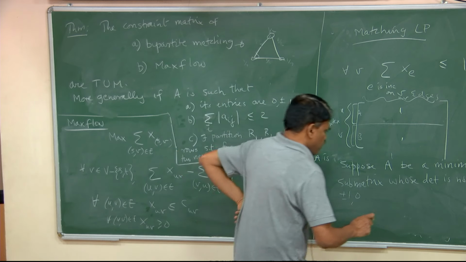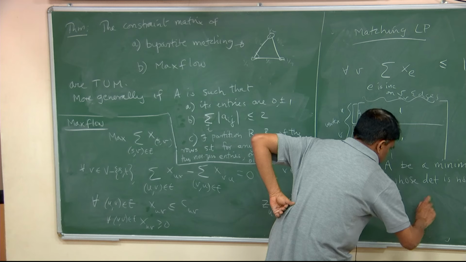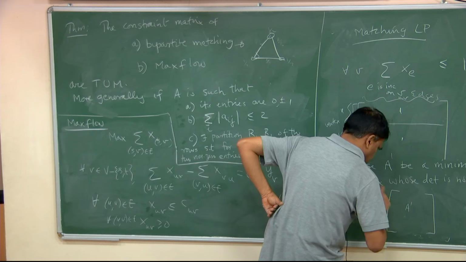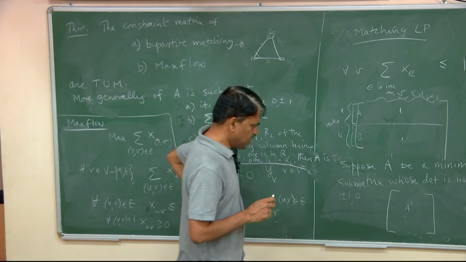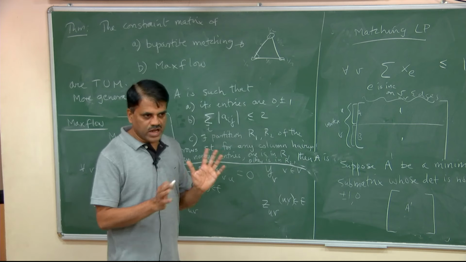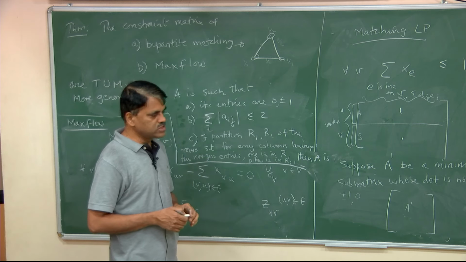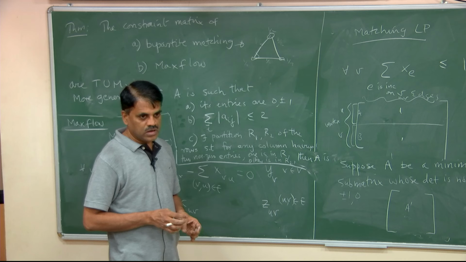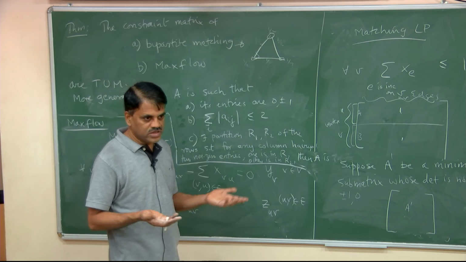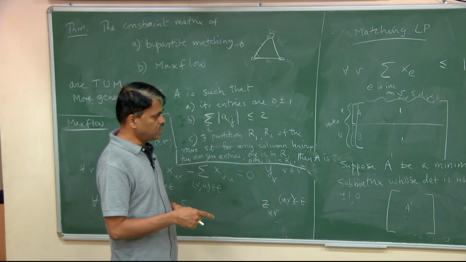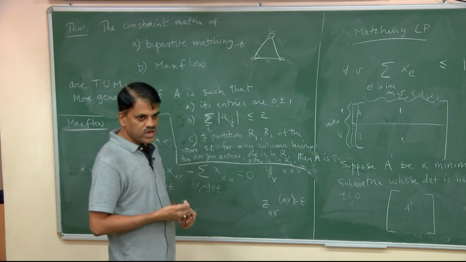Okay, so that's my matrix. Now I want to arrive at a contradiction, right? Can you have a column in this submatrix with all zeros? Why not? Because the determinant would be 0. Can I have a column in this submatrix with exactly one non-zero entry?